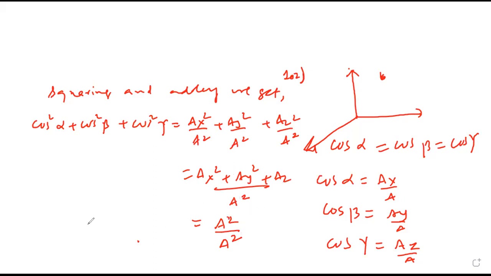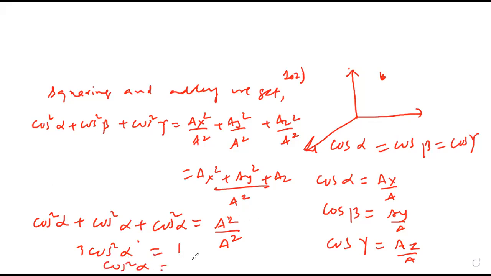That means you get cos square alpha plus cos square alpha plus cos square alpha, as alpha, beta, gamma are all the same. 3 cos square alpha is 1. Cos square alpha is 1 by 3.